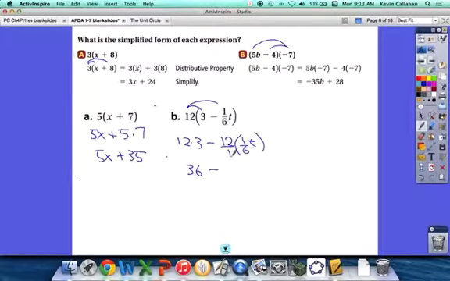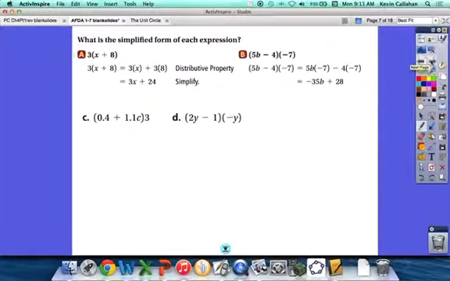Yeah, if you think of it like 12 over 1, you're just going straight across. But again, you could just simplify, right? 6 goes into 12 how many times? 2. So that's 2t.